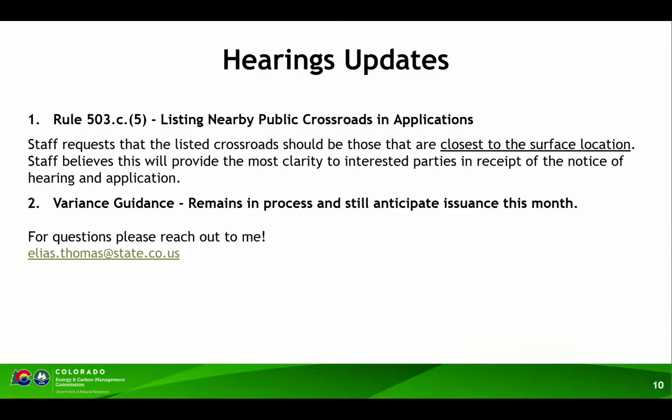So staff requests that in all applications moving forward, the listed crossroads should be those that are closest to the proposed surface location or relevant surface location. Staff believes this will provide the most clarity to interested parties that receive the notice of hearing and application and most accurately reflect what is being asked for in the applications.